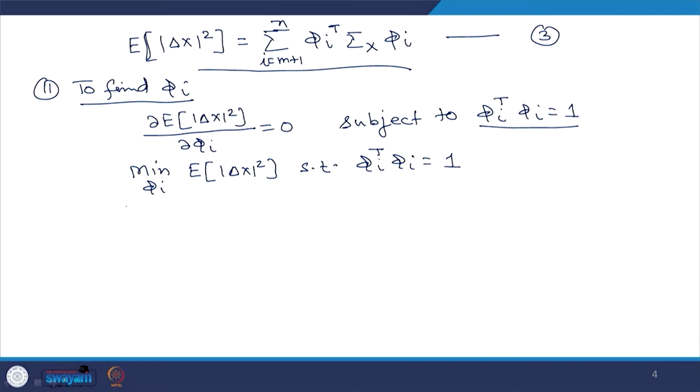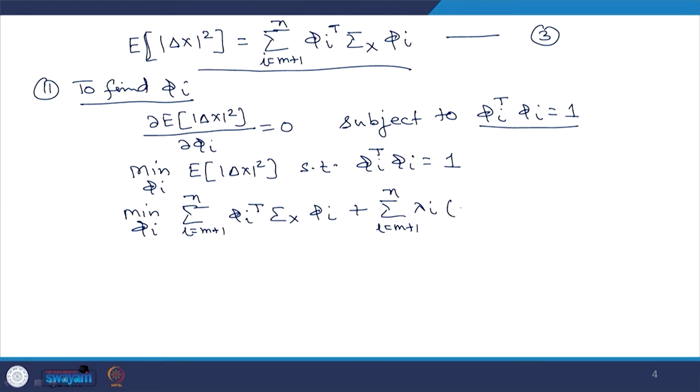So, by using Lagrange multiplier, what I can write? I can include this condition here. So, minimize phi i transpose covariance matrix into phi i plus summation i equals to m plus 1 to n lambda i times 1 minus phi i transpose into phi i.